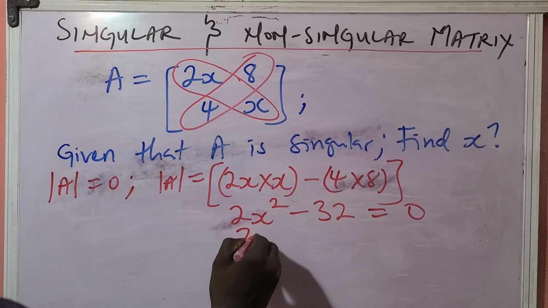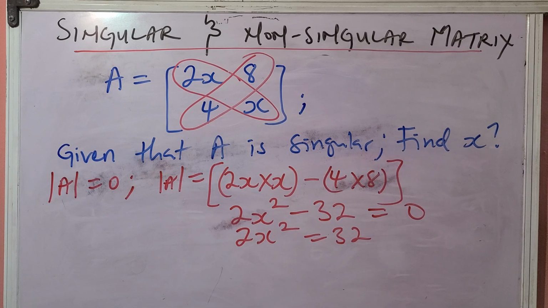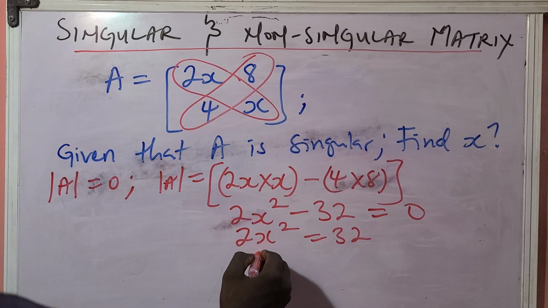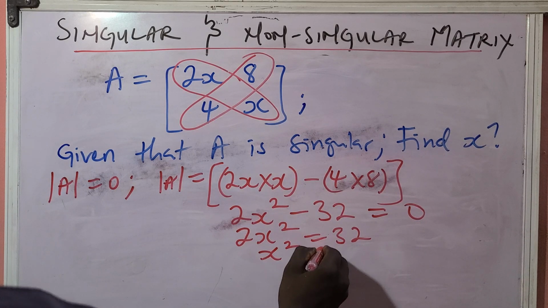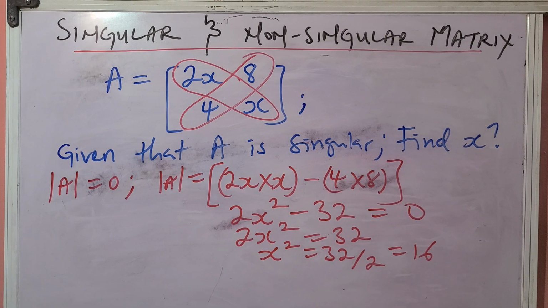We then have 2x squared equals 32. Dividing both sides by 2, we have our x squared equal to 32 over 2, which is 16. So we have x squared equals 16.